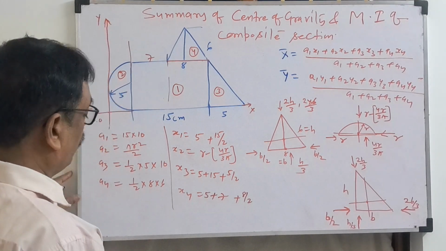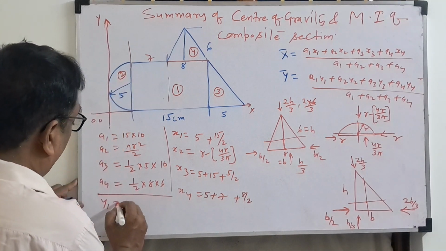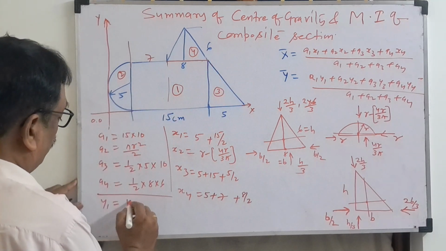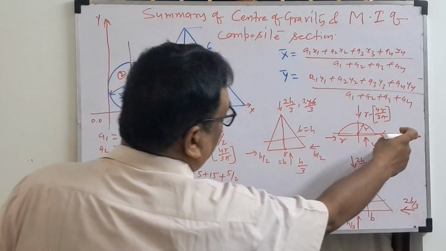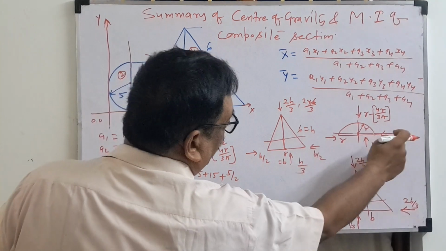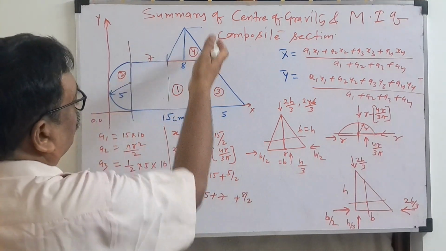Then how to calculate the y1, y2, y3? So see here. If you take y1 from the base, this height 10 by 2. Then you take y2 from this height. If you see this height, the radius. So at this point we are taking r only. So you write r only. Then y3 from this side.